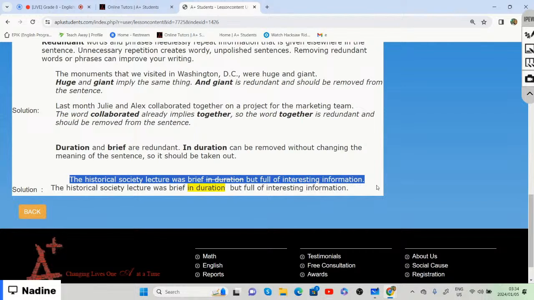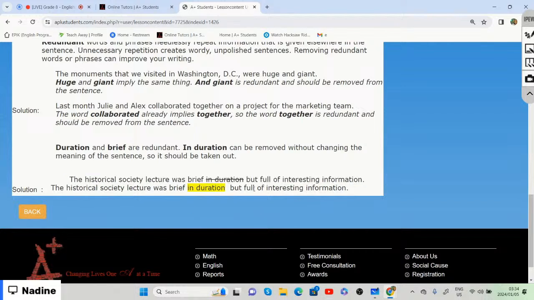If we look at the word that needs to be removed, the words in duration should be removed because the word brief and the words in duration are redundant. One of them needs to be removed, and we're going to remove in duration because duration and brief are redundant.